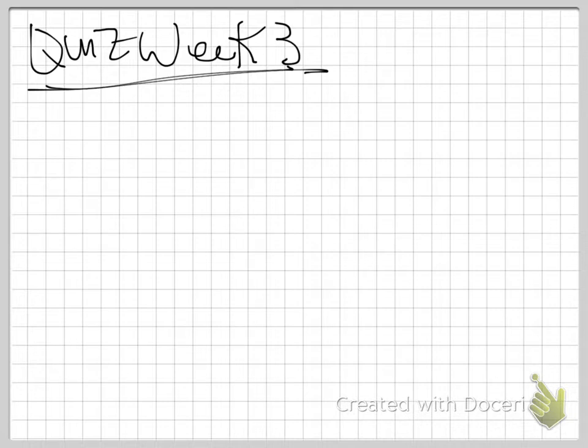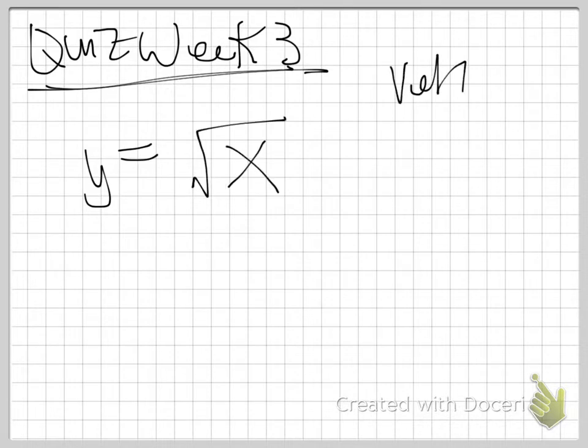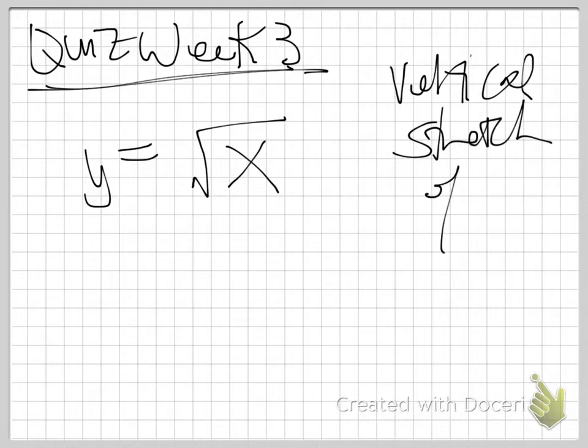I can't find it, but anyway, it says something about there's a function like this, and we want to do a vertical stretch of 3 and flip, so like that. The question is, where should that negative 3 go? Should it go here, or should it go here?